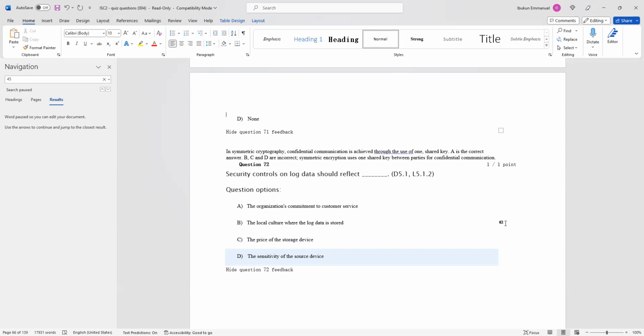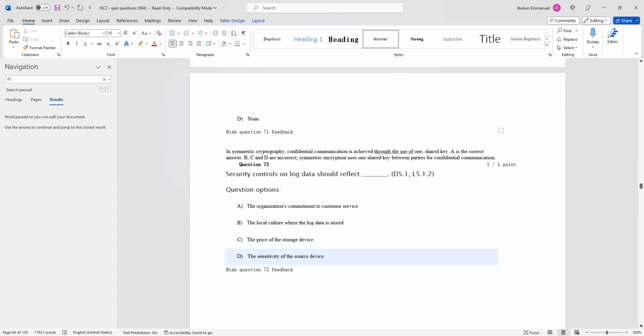So if you've backed up data, critical data, then you want the logs of those backups to be protected stringently. So it's the sensitivity of the source data that has been backed up that should determine how strongly you secure the log data, the logs. So that is what that question is asking us there.